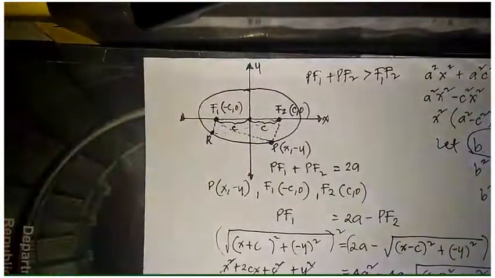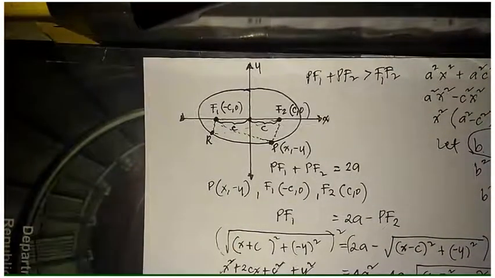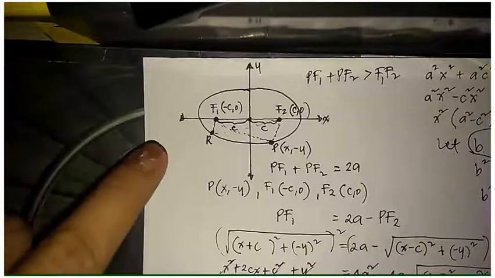The triangle inequality says that the sum of the two sides is greater than the third side of a triangle.